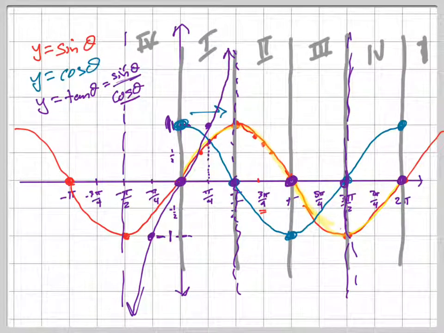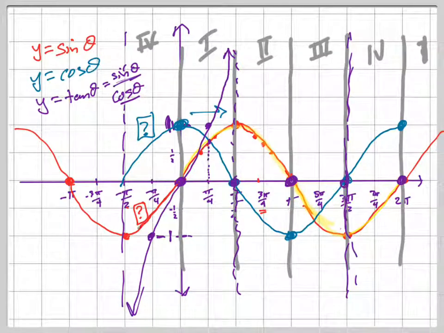And it makes sense too because look at what your cosine is up here. Is your cosine positive or negative in that 4th quadrant? Positive. And what's your sine, the red graph?